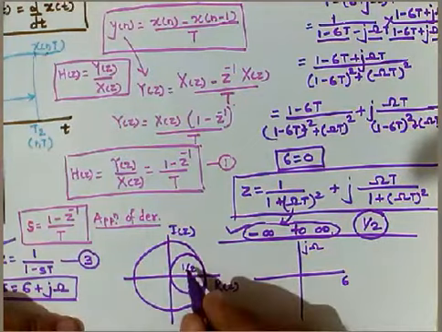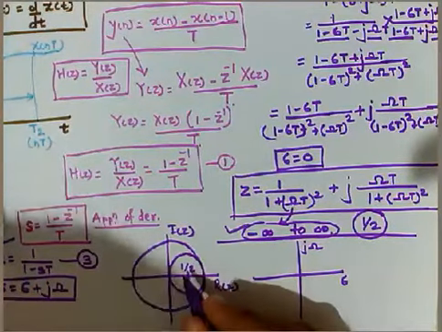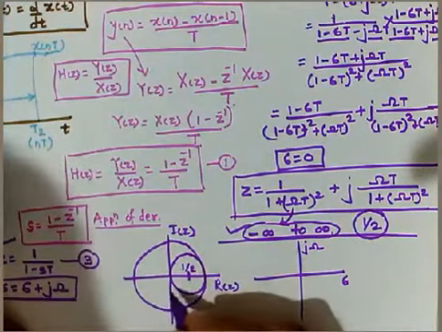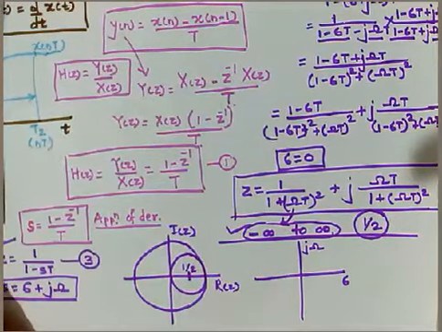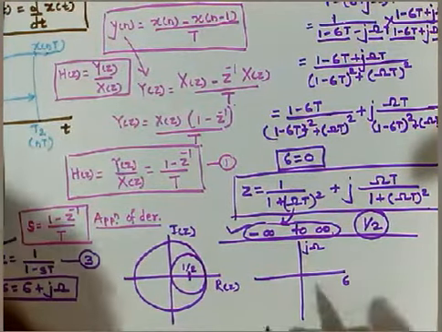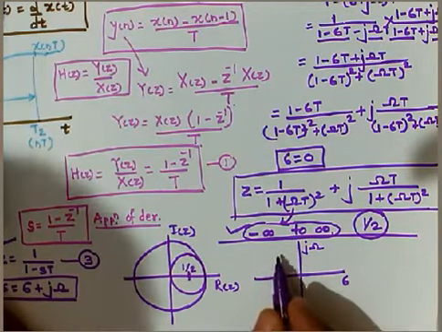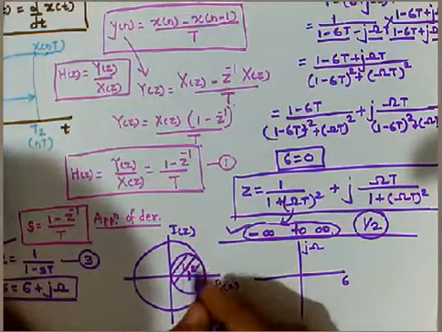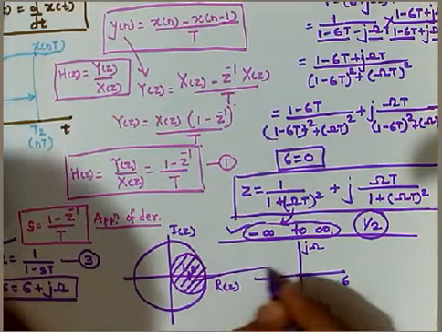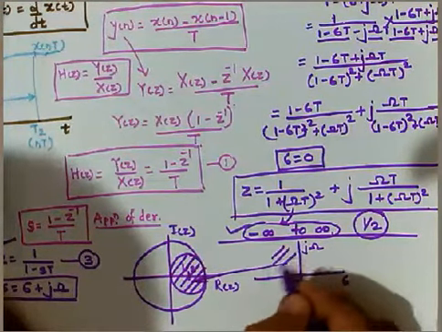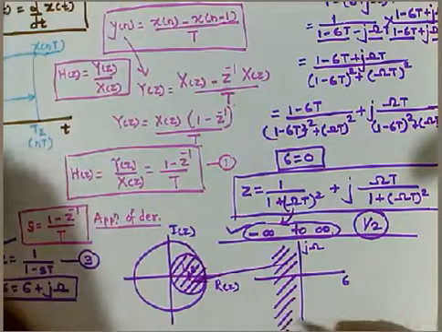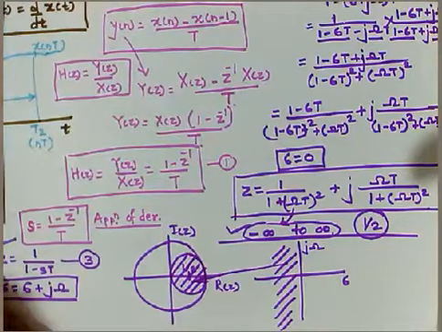This outer circle is the circle of radius 1, so it is the unit circle. This is the circle with radius 1 by 2. So any value of sigma less than 0, meaning a negative value, is correlated to the circle with radius 1 by 2.